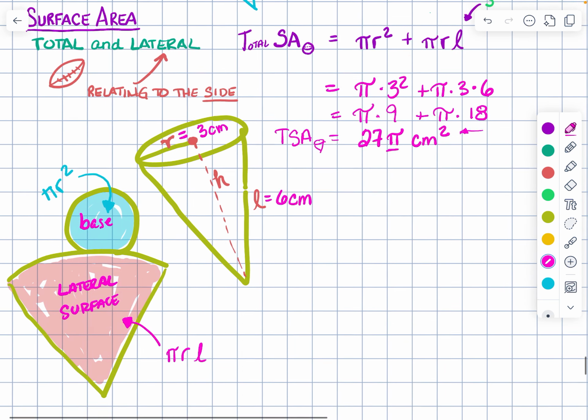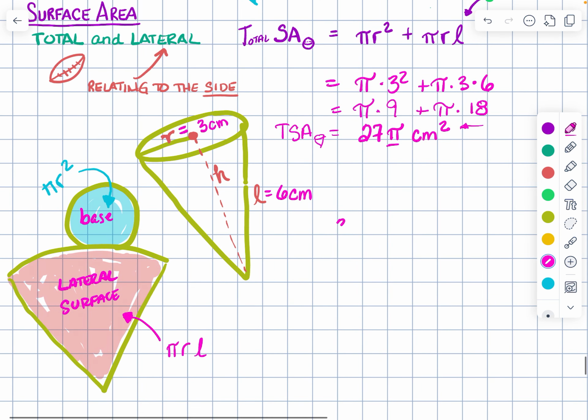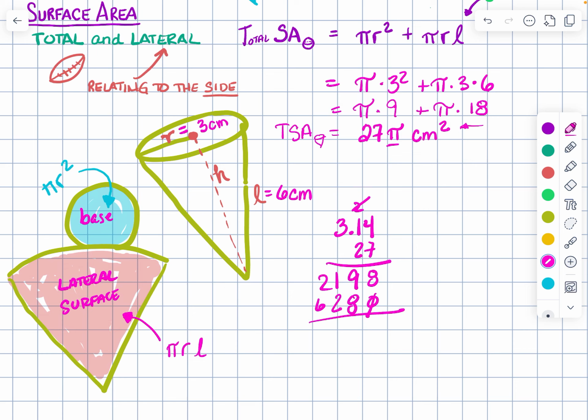But very often they're going to have you use 3.14 for pi. So let's go ahead and do that. Okay, 4 times 7 is 28. 7 times 1 is 7. Plus 2 is 9. 3 times 7 is 21. Placeholder, 2 times 4 is 8. 2 times 1 is 2. And 2 times 3 is 6.